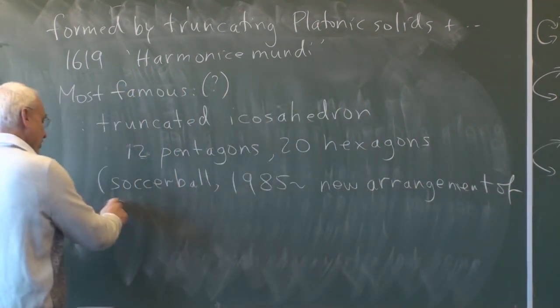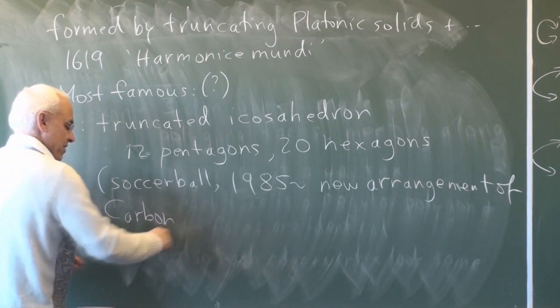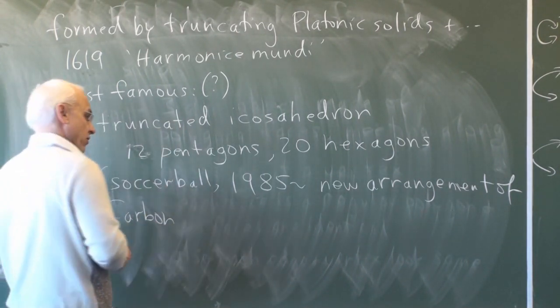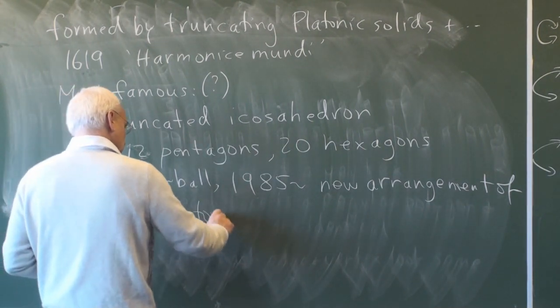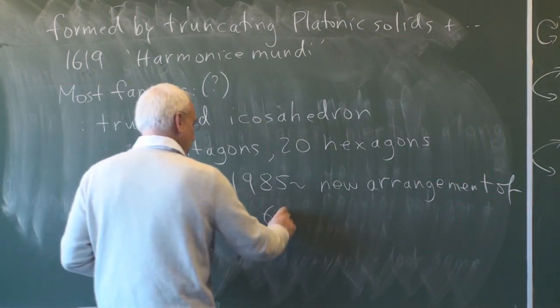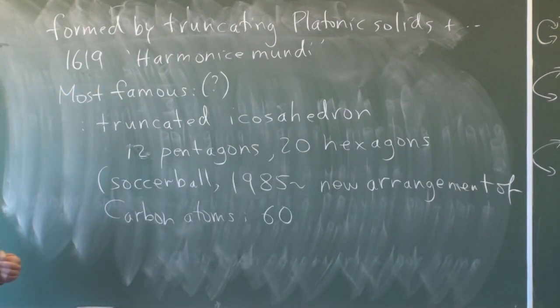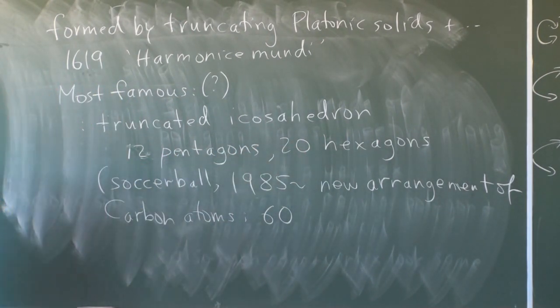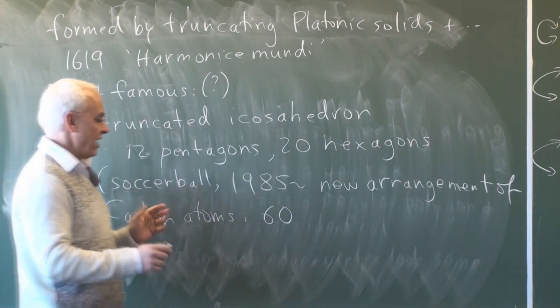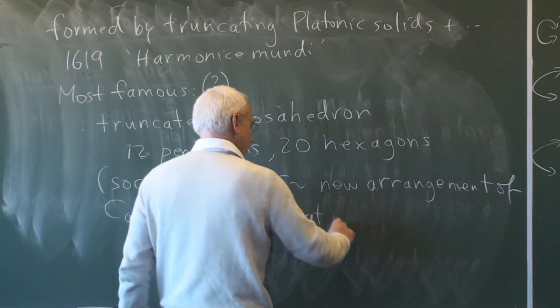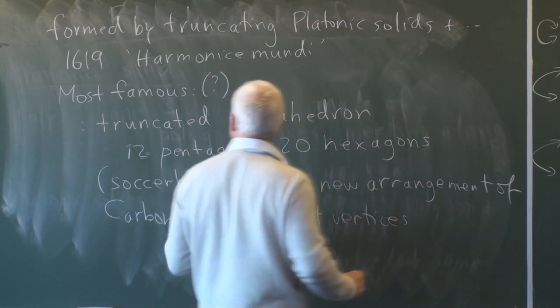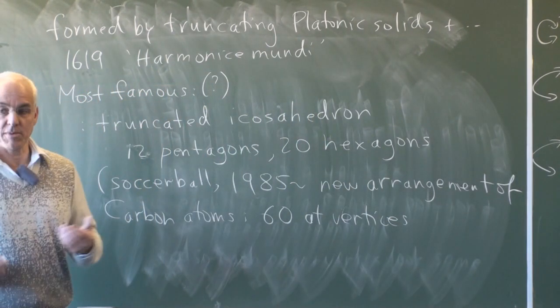And they were able to deduce what this thing should look like as a kind of complicated molecule, where we have 60 carbon atoms. So that's how many are going to appear in this thing. Okay. So 60 of them are arranged at the vertices of this Archimedean solid.